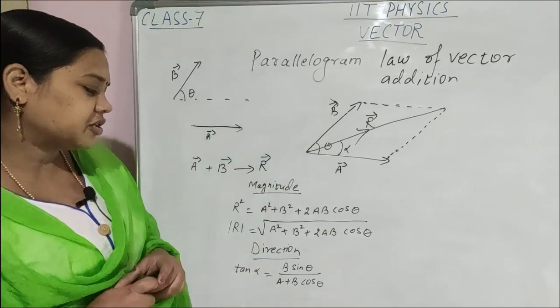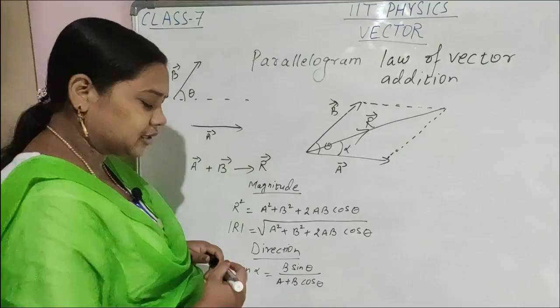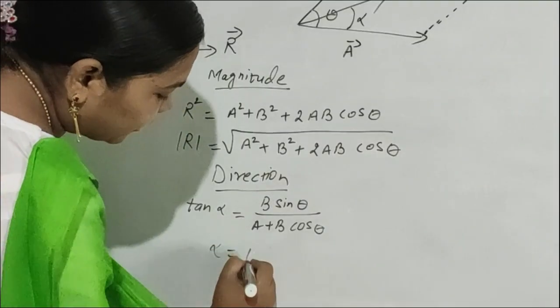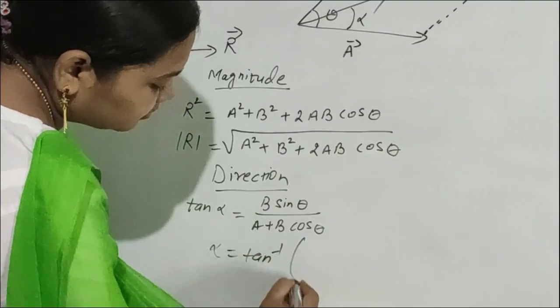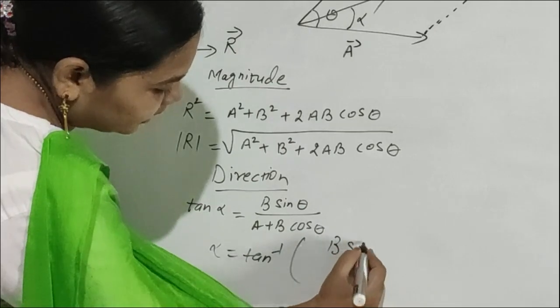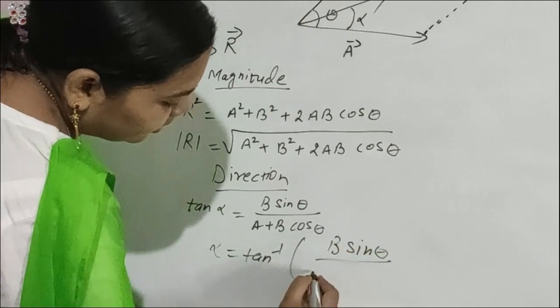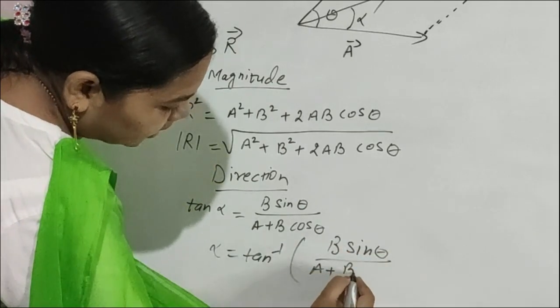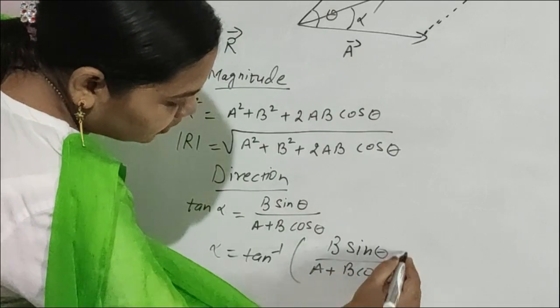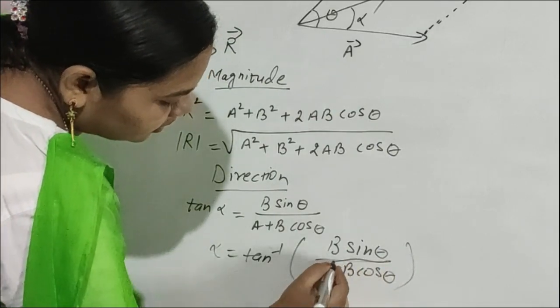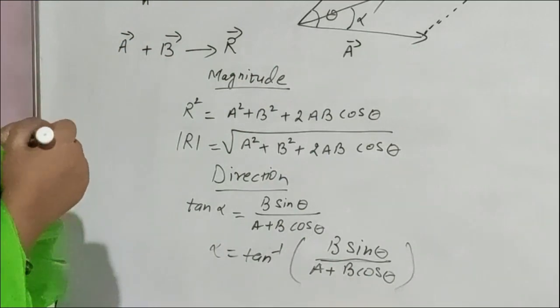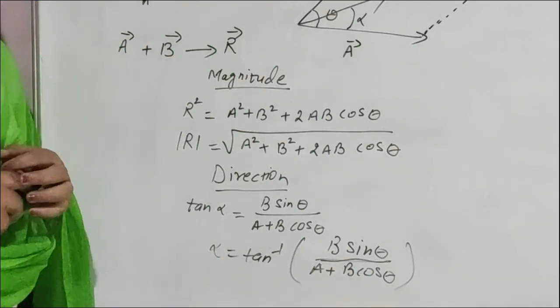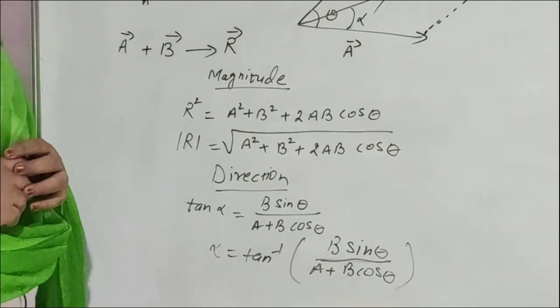Tan alpha is equal to B sin theta by A plus B cos theta. Alpha is equal to tan inverse of B sin theta by A plus B cos theta. Okay now children, this is the parallelogram law of vector addition, which we already discussed.